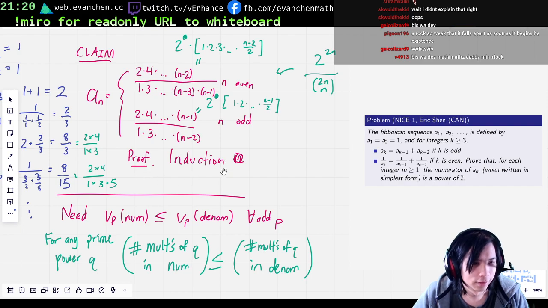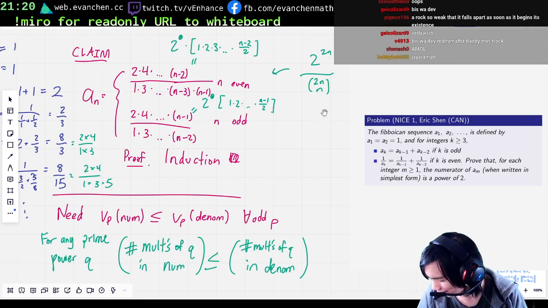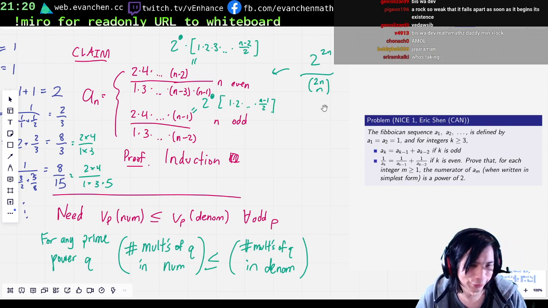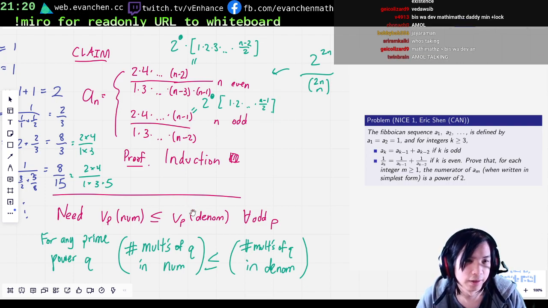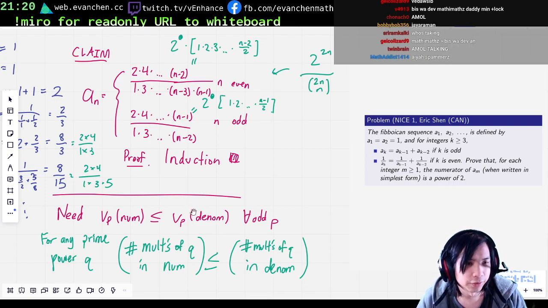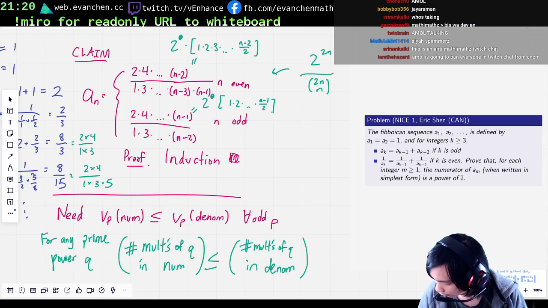I don't know. This is one of them and the other one is some variant of it. I don't particularly care about the closed form because for v_p reasons, it's pretty clear what's going on anyways. And it's implicitly really proving that it's a power of 2 divided by an odd integer and whatever.